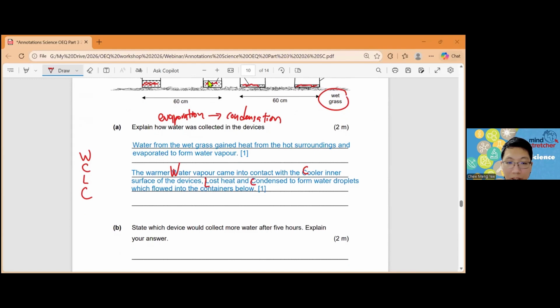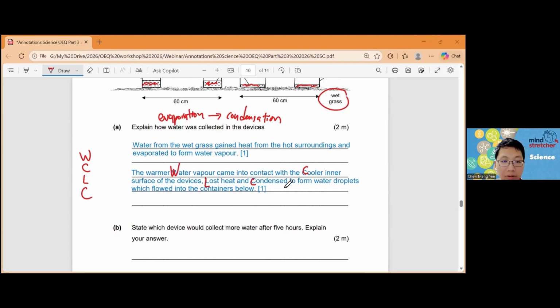Now, state which device would collect more water after 5 hours. Explain your answer. Why X? X, there's a larger entrance. Now, that's not how you phrase it. What is larger entrance? What's the correct scientific term? Exposed surface area, correct.